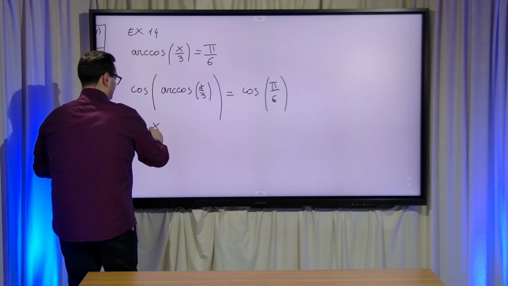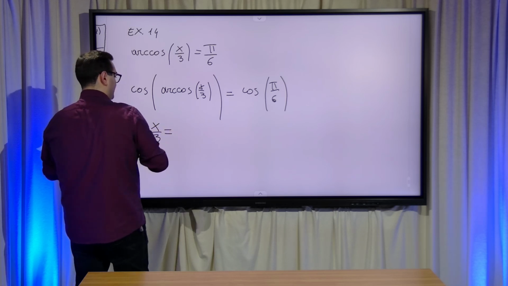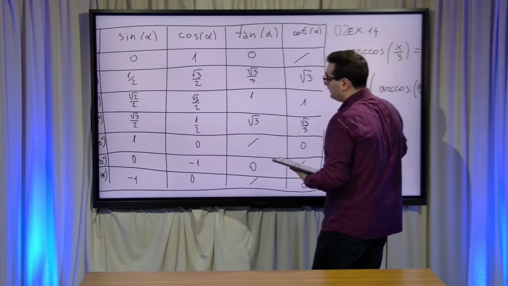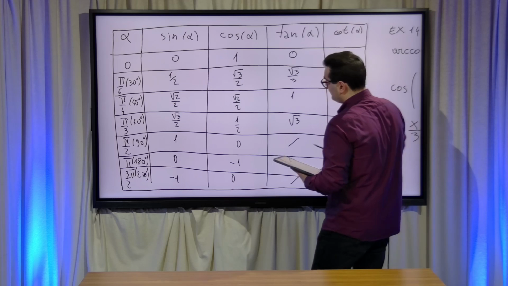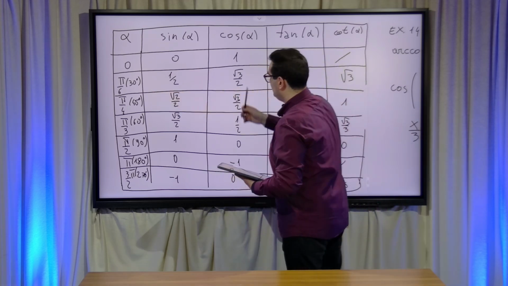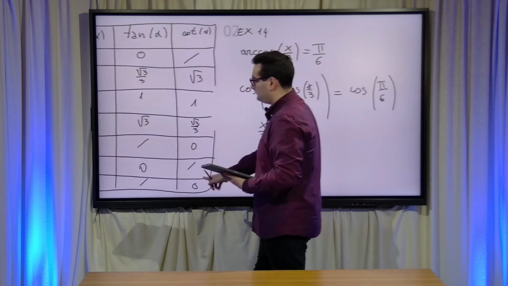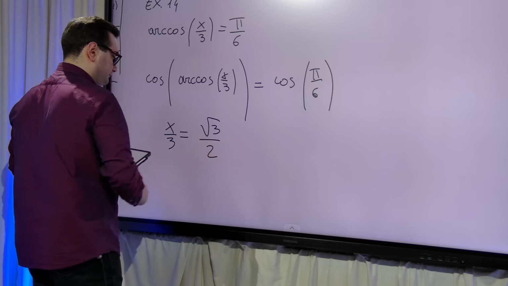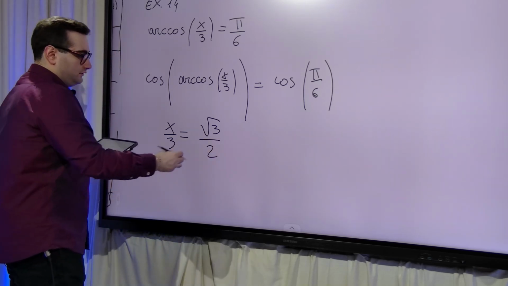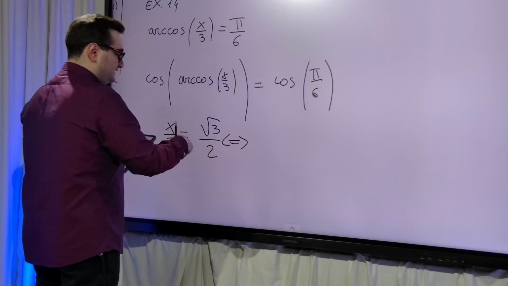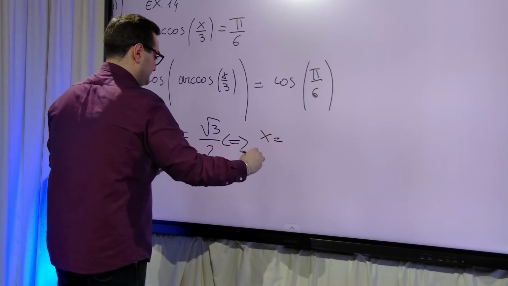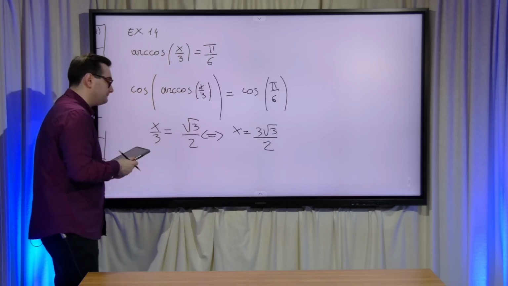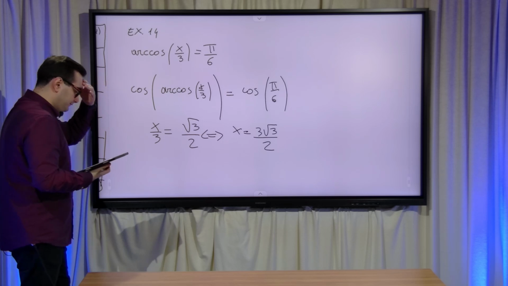From here I get simply x over 3. And let's look in the table. The cosine of pi over 6 is square root of 3 over 2. Just some simple math, x is equal to 3 square root of 3 over 2. And this is the solution of this equation.